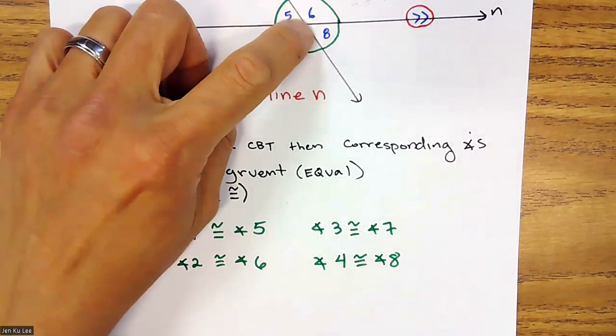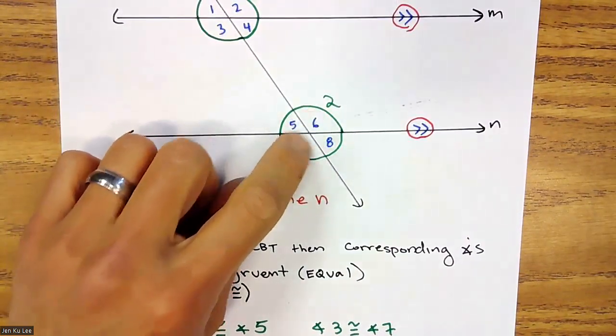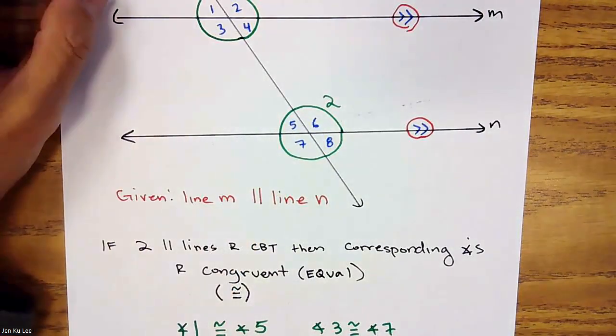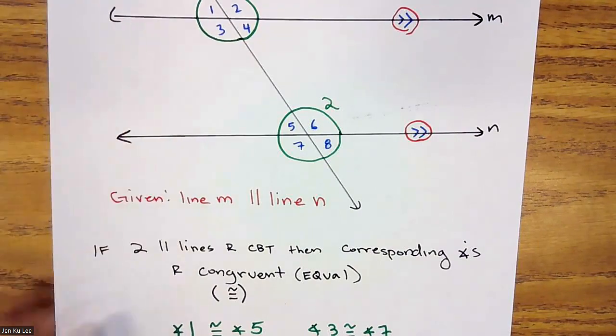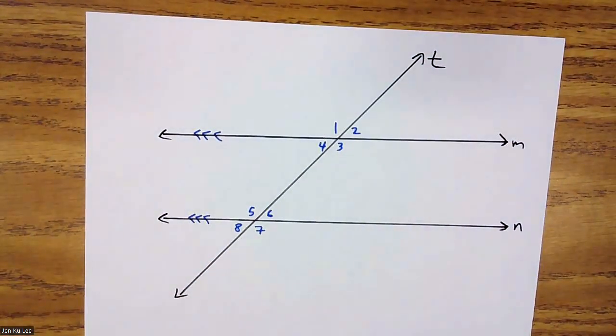They are vertical, they are the same angle, they are congruent as well. Okay, so those angles are corresponding angles, and corresponding angles are congruent. That's your first relationship.